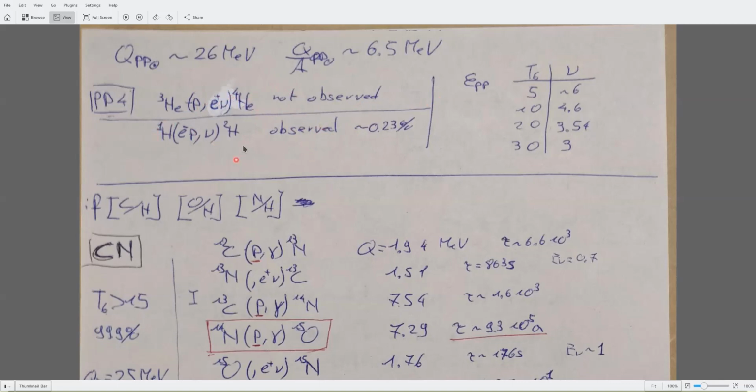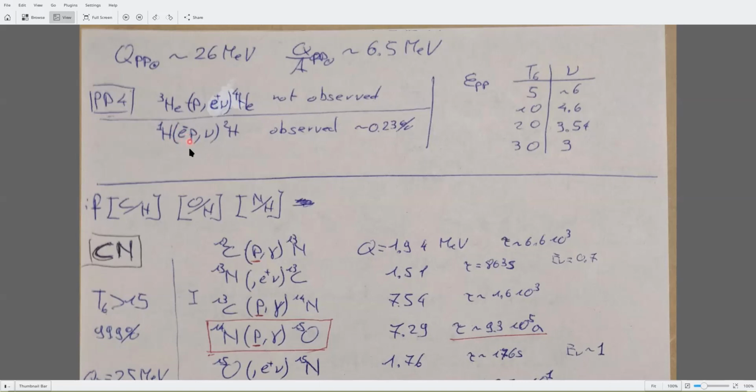There is also another variant of the PP1, the proton-electron-proton reaction, where you get a proton and an electron.